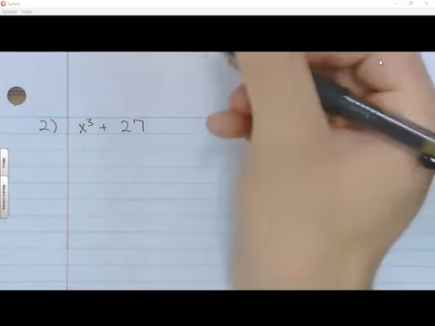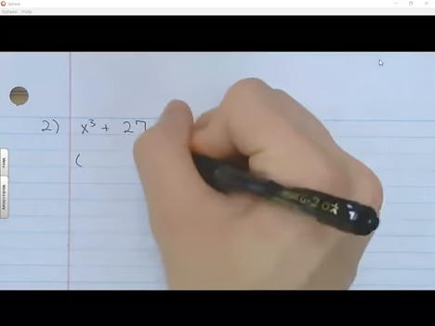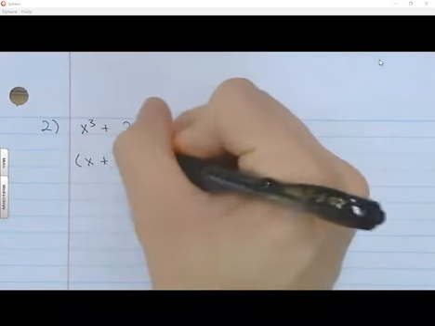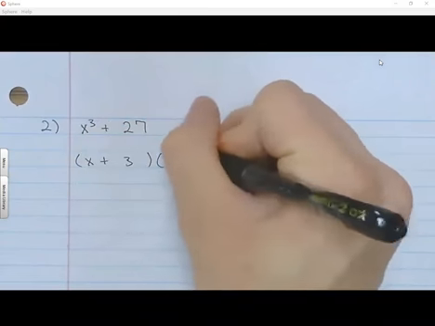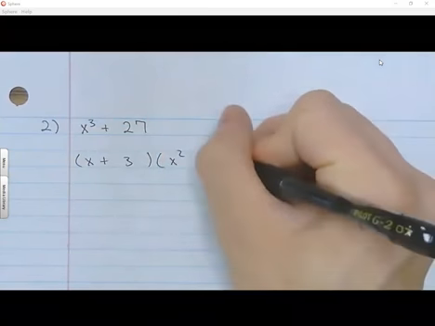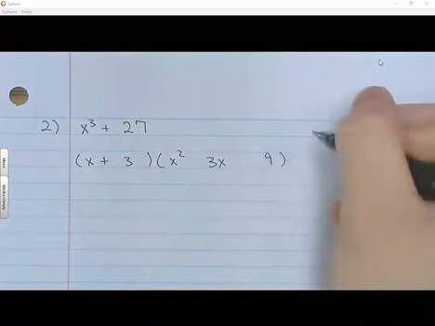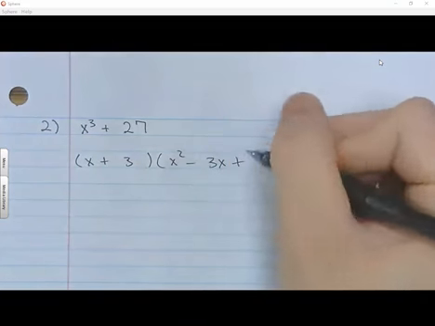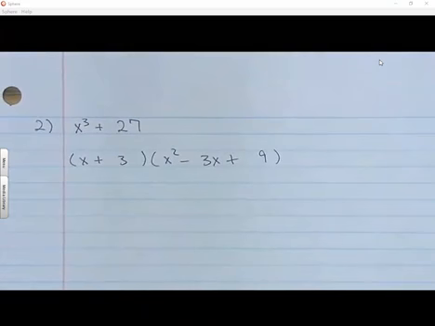And what we found out was the way we factor it is we find cube roots and we go from there, right? Square, square, multiply them together to get 3x, and then we put our signs down, right? So this is the answer that we got. So how do we know if this is right or not? Well, we can check our answer, and it's going to require the opposite of factoring, which is multiplying.